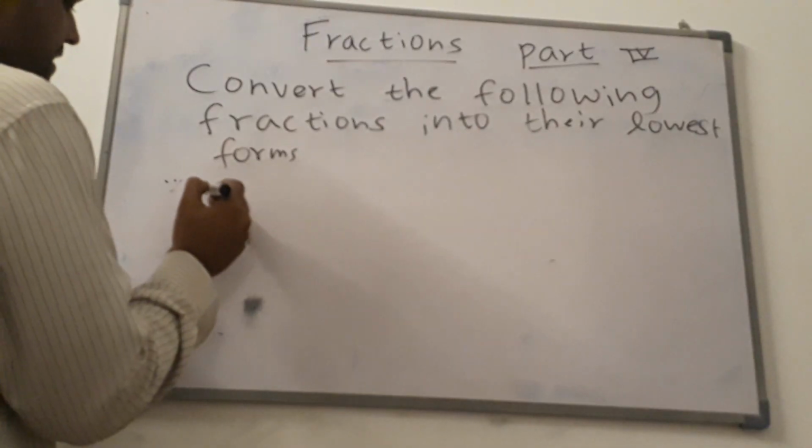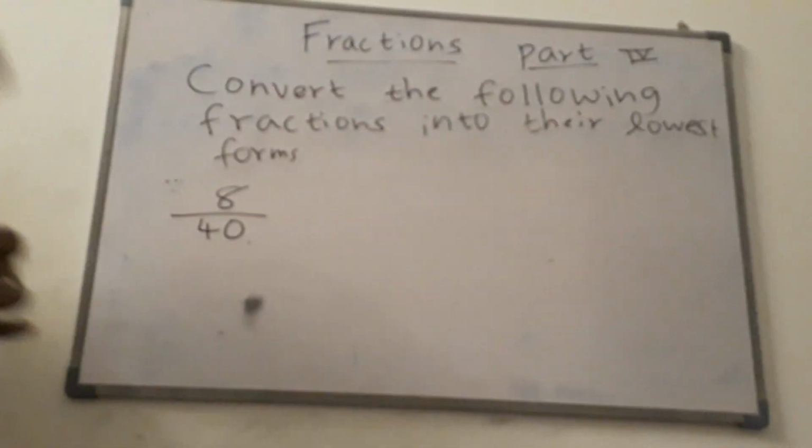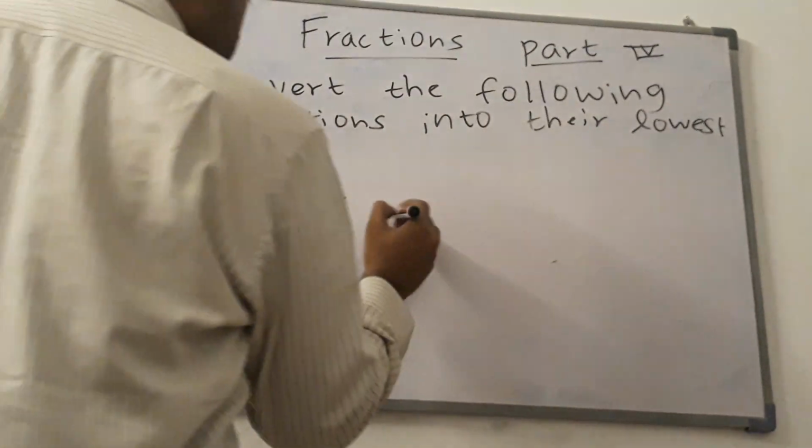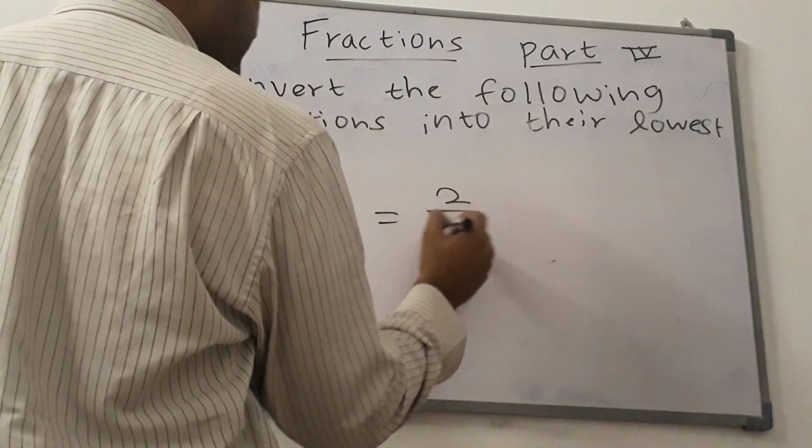If it is 8 over 40, both are divisible by 4 as well as 2. If we divide both these terms by 4, it is 2 and 10.